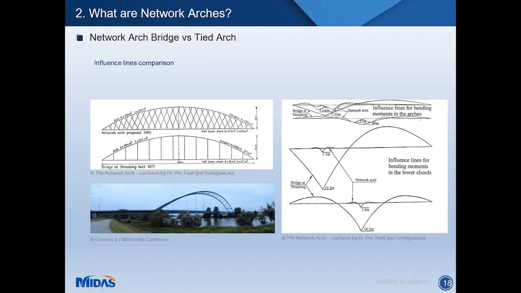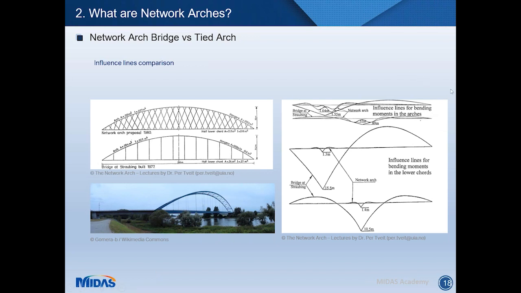Professor Tveit calculated the influence lines for these bridges, and he showed that the bending moment induced into the arch and the tie beams is lower for the network arch. This was done considering the same quantities of material in terms of hangers, tie beams, and arches. What this points to is that a network arch can be a very effective structure, which can lead to savings in material, savings in weight, and therefore longer span.